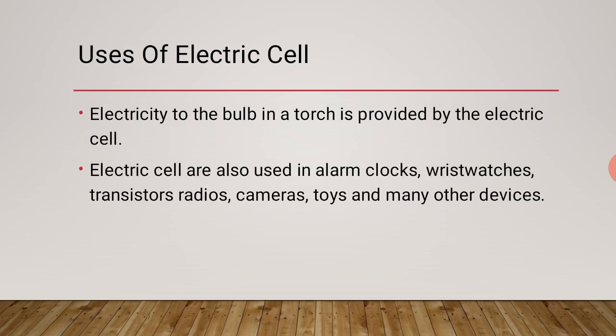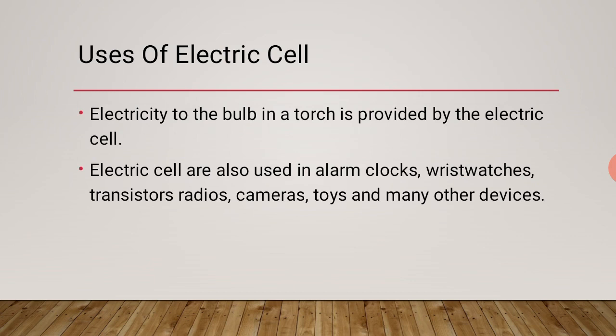Next slide. Uses of electric cells. Electric cells have a wide range of uses. Electric cells are used in alarm clocks, wristwatches, transistor radios, cameras, toys and many other electrical devices. These are the uses of electric cells.